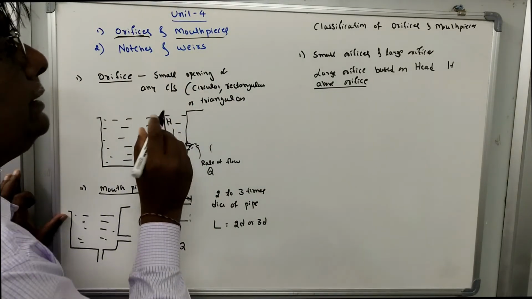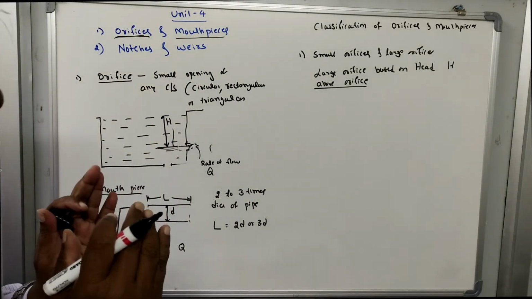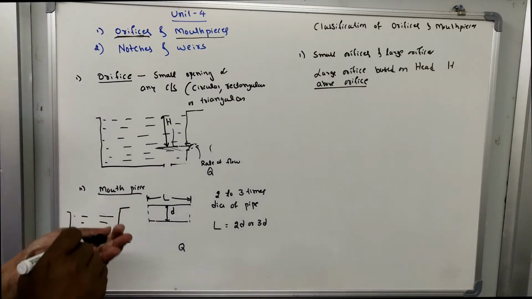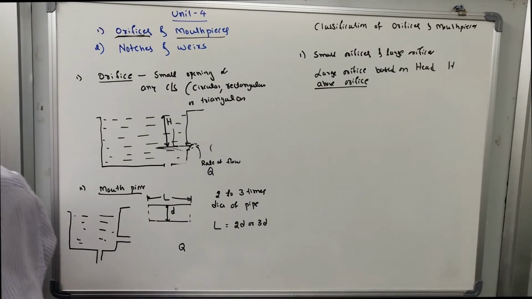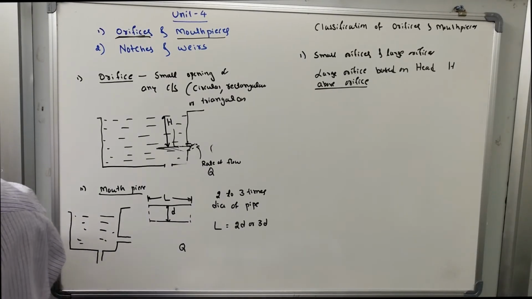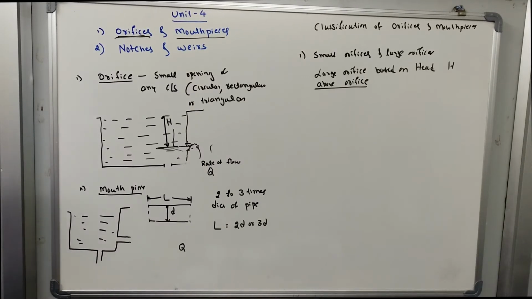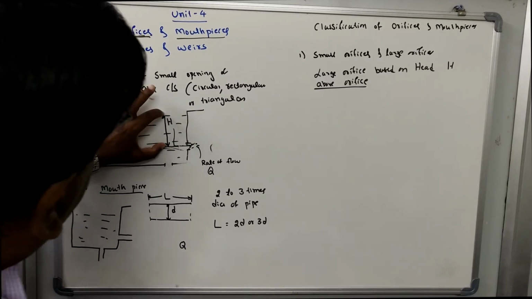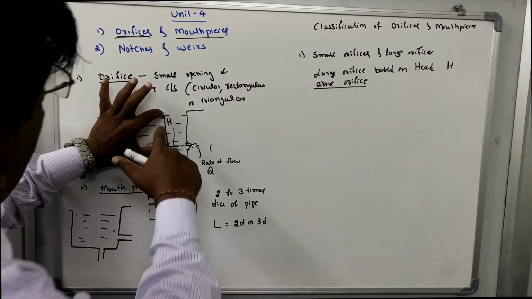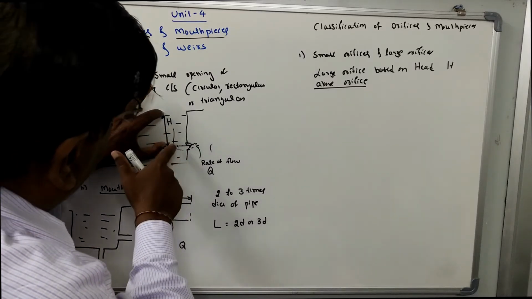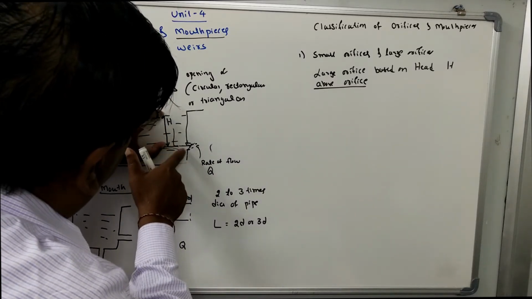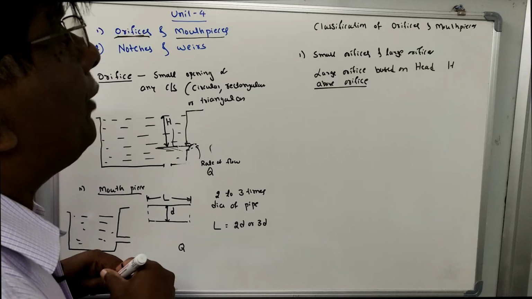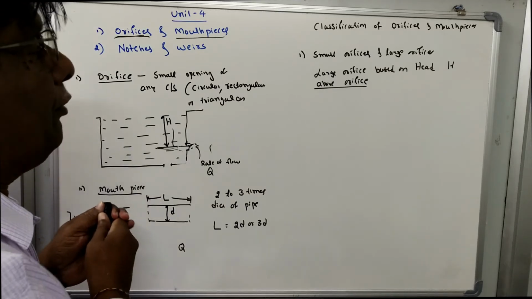If the head of fluid H above the orifice is more than 5 times the diameter of the orifice, okay, that orifice is called a large orifice.